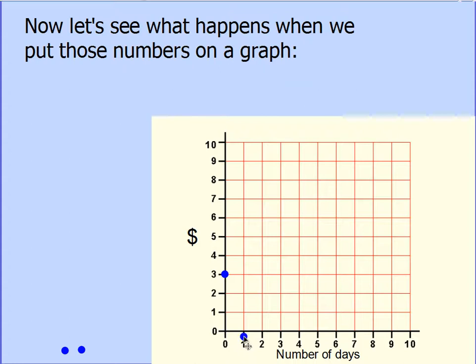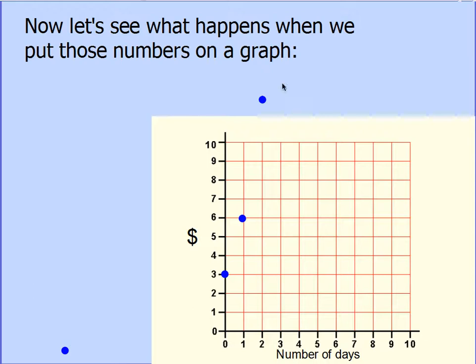After 1 day had passed, if we plugged 1 in for x, we had an outcome of 6. So after 1 day has passed, we have $6. After 2 days had passed, when we substituted 2 in for x, we were clear up at $12, which is right around here.